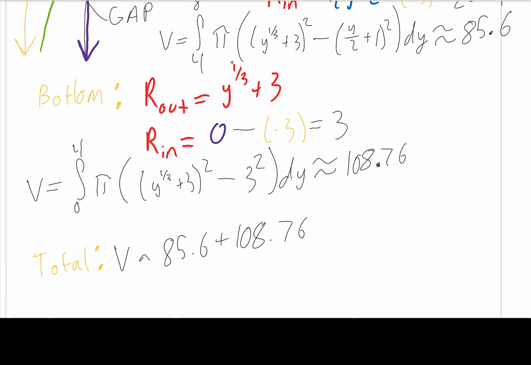Since these are two approximations, this is still an approximation. 194.36. Okay? That will conclude our volumes, and then next time we'll learn about when we have something that looks crazy and really difficult, how can we use this other method to make it not super crazy and super difficult.